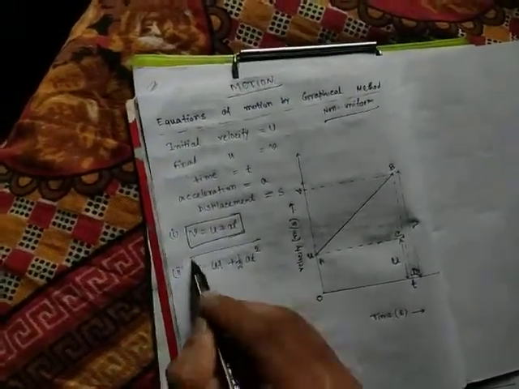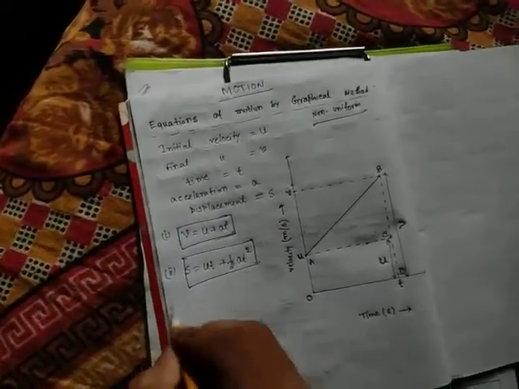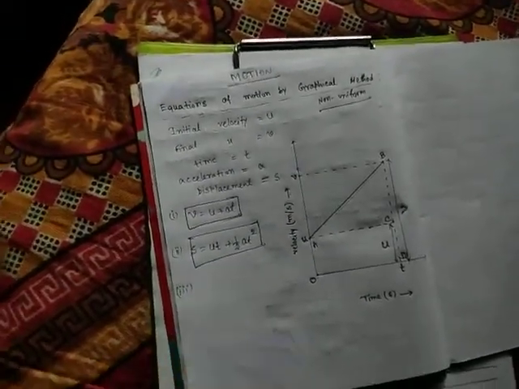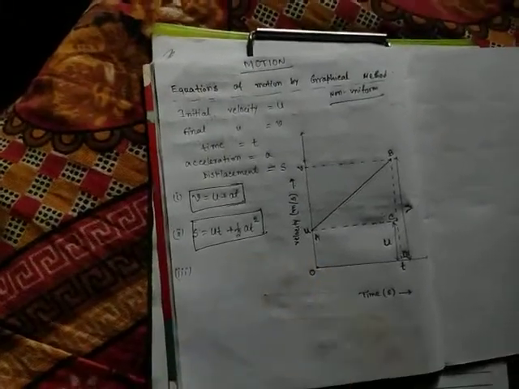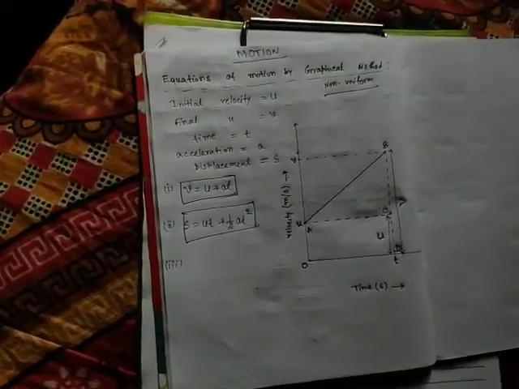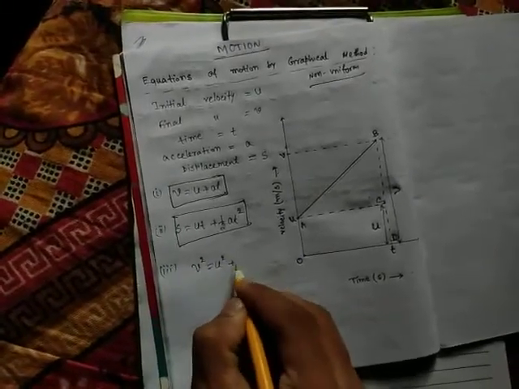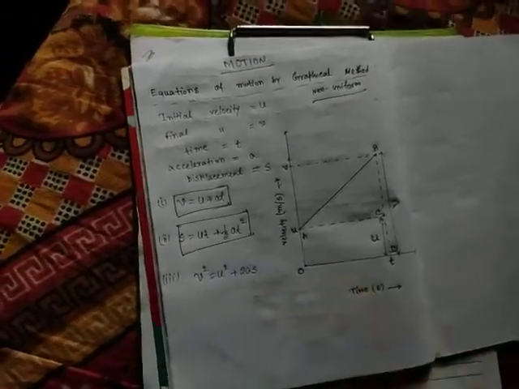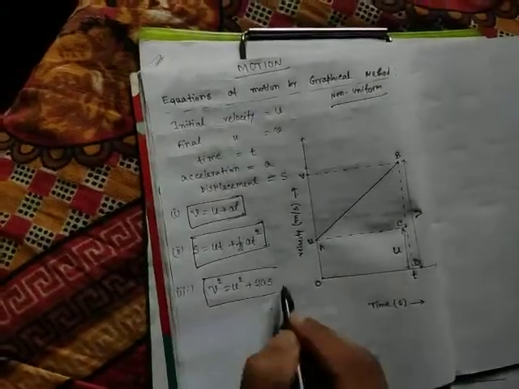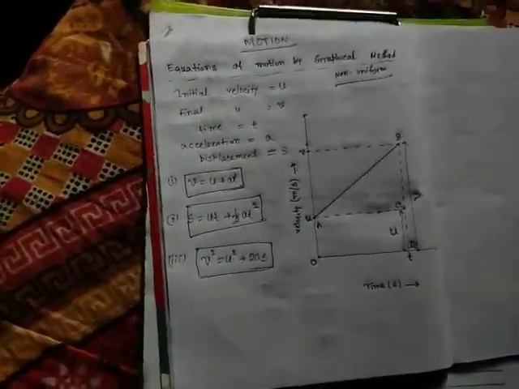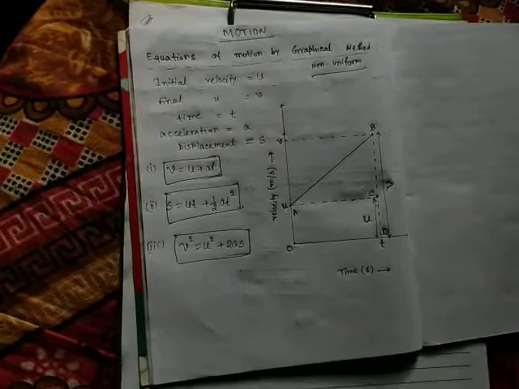Very important. In the examination, the proof also comes as well as the sum. And the third equation, v square is equal to u square plus 2as. These three are the equations of motion.